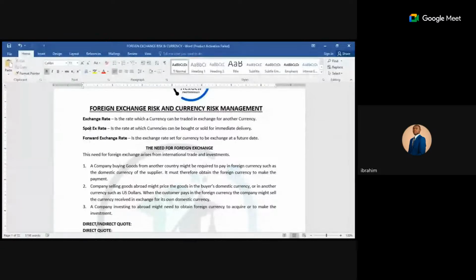Class, when you want to buy goods in the US, you will use the functional currency, the currency of your supplier, to buy. You cannot use Naira to buy. That is the reason for foreign exchange.